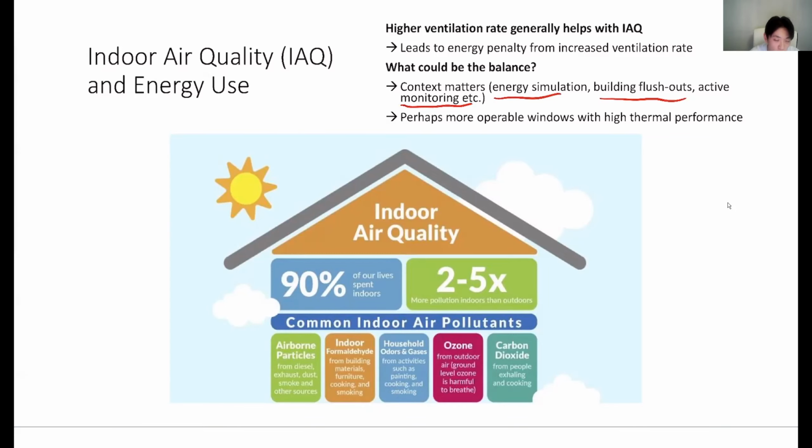Basically, you have a lot of human control over that operable window. When it's closed, it's a very good window, and it doesn't let heat gain or heat loss through the window. Or when you feel the space is too dry or not really fresh, you can open the windows accordingly. So these are some examples that we can use to balance this relationship between indoor air quality and energy use.